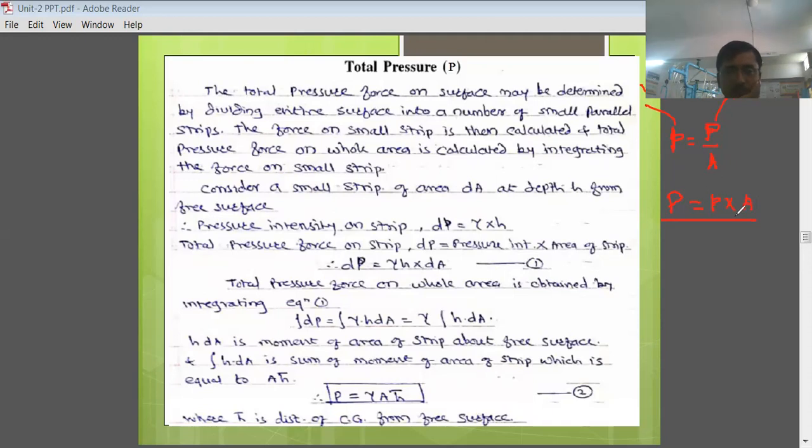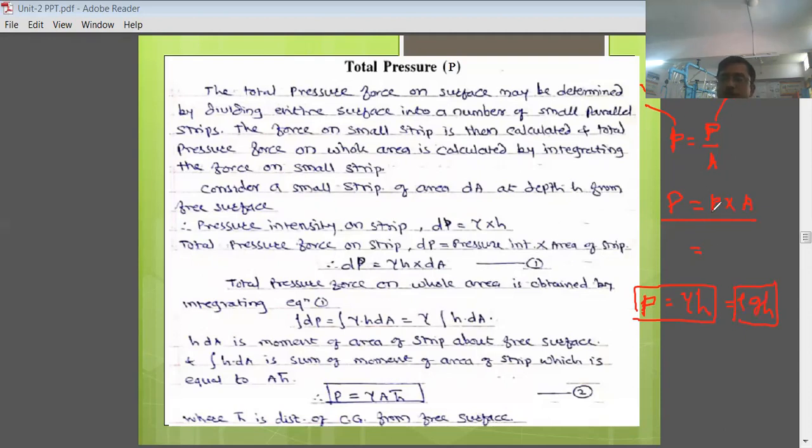Now we have discussed here what is the area of the strip. It is denoted by letter dA. And what is the pressure intensity? We have learned how to find out the pressure intensity small p by using the hydrostatic law. What is the hydrostatic law? p is equal to gamma h, right? Or p is equal to rho g h. We have derived this equation in the very first or second lecture about this hydrostatic law.